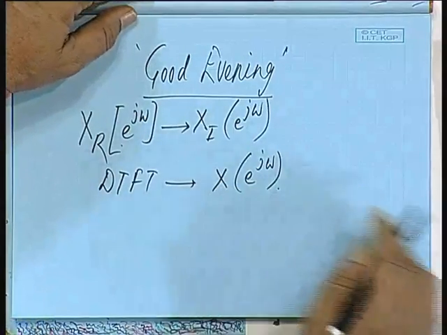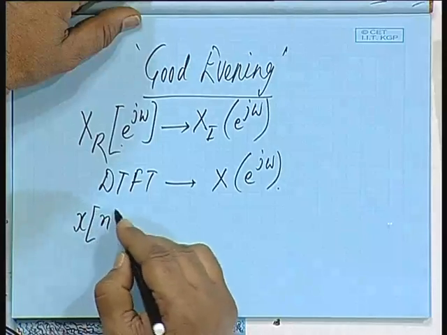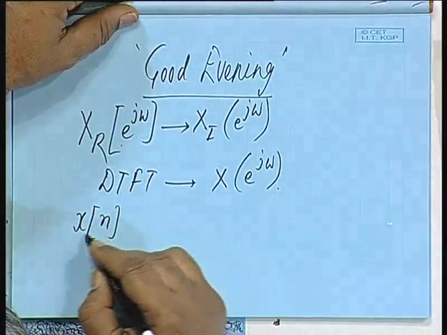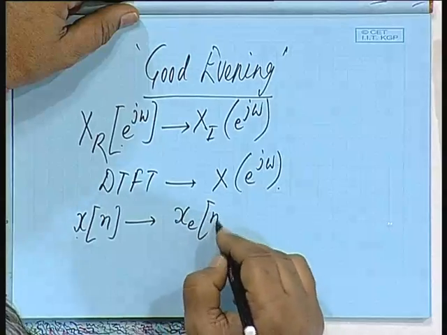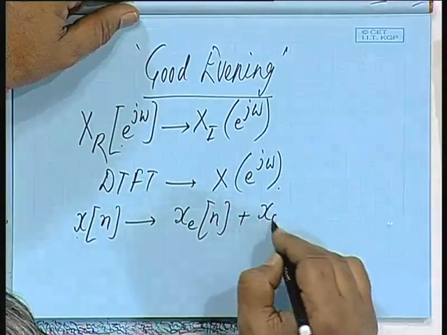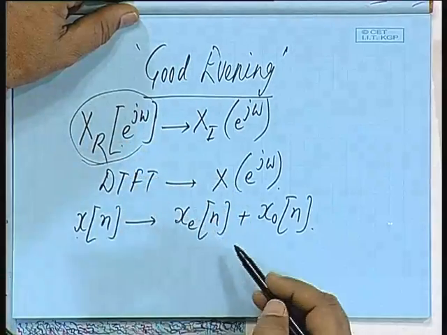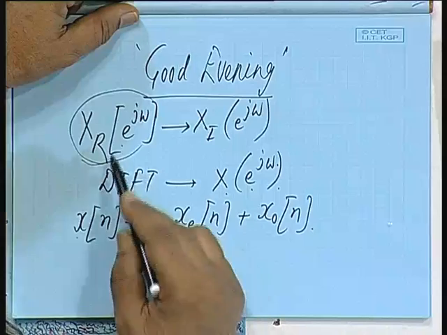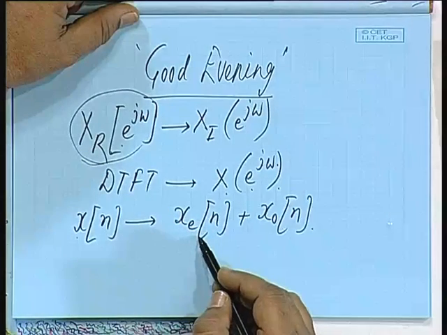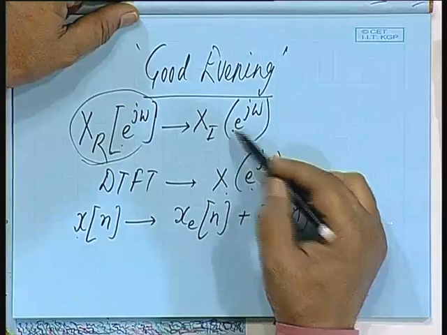So, that was our problem, and we established the relationship: x[n] can be decomposed into an even part and an odd part, and the real part of X(e^{jω}) is related to the even part if it is a real sequence, and the odd part is related to the imaginary part.